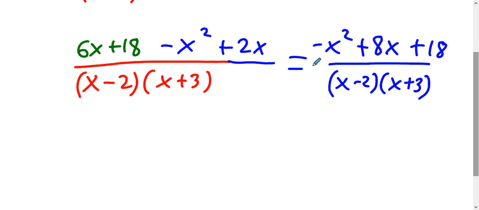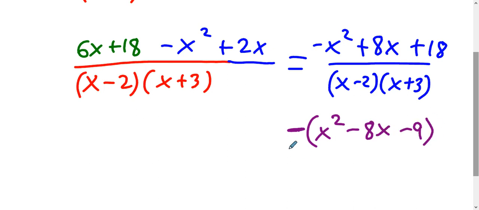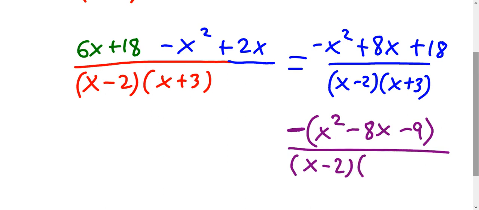Since this starts with a negative, sometimes you will see it get factored out from the numerator. Change that to positive x squared, negative 8x, negative 9. And the main reason to do that is to check to see if the numerator factors. If anything multiplies to be negative 9 and adds to be negative 8, it does.